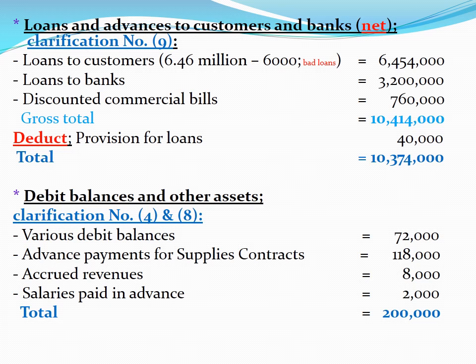Then we have debit balances and other assets. Always, if you remember, in first year financial accounting, and in partnership as well as other financial statements, as corporations, I'm sorry, I forgot, you find that in the balance sheet, the asset side, you have fixed assets, current assets, and other debit balances.